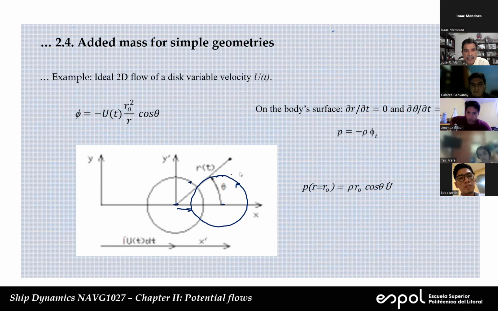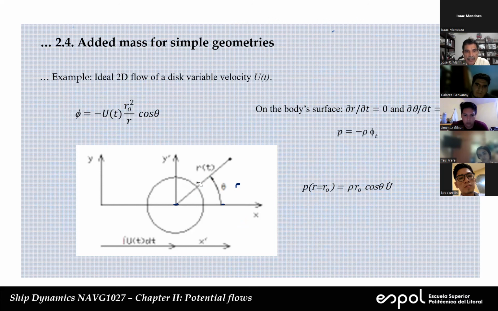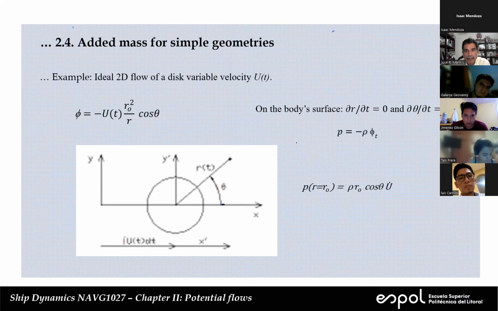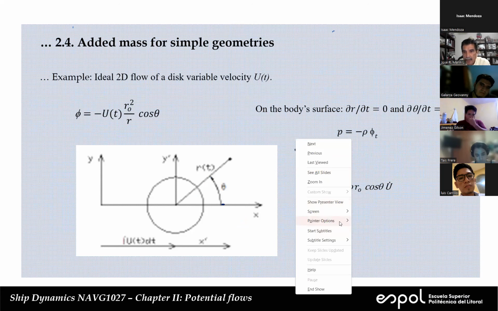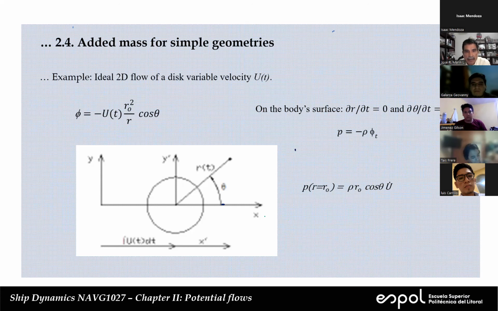Now let's try to draw, before we go to the break, a sketch of the distribution of pressure on the body. Let's use a different color. How about green? Now for this area here, theta is 0.